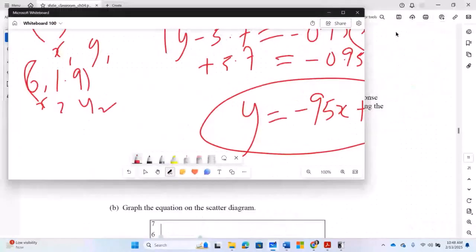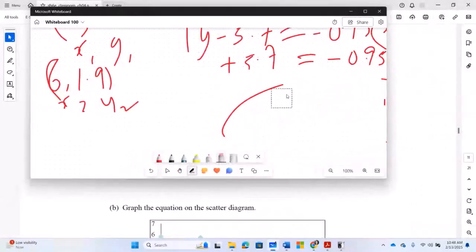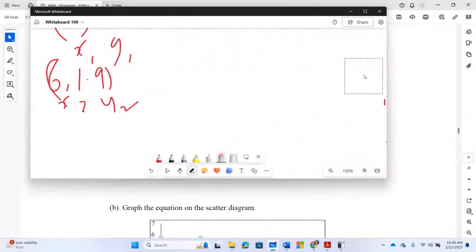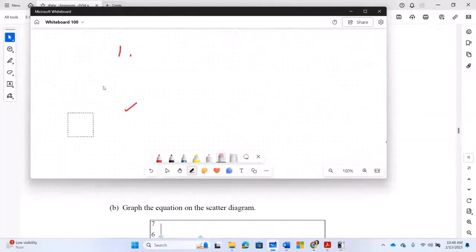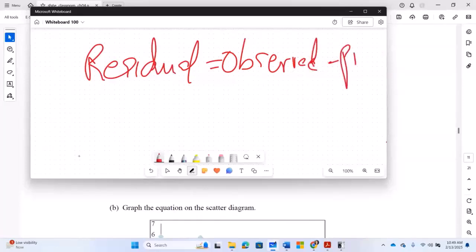If I'm told to find the residual for 2, what I'm going to do, residual is equal to observed y minus predicted y. What do I mean by observed y?